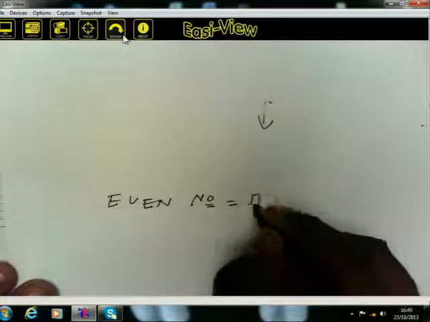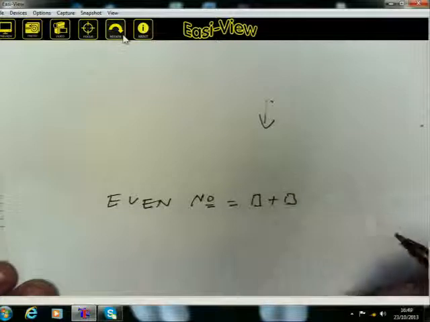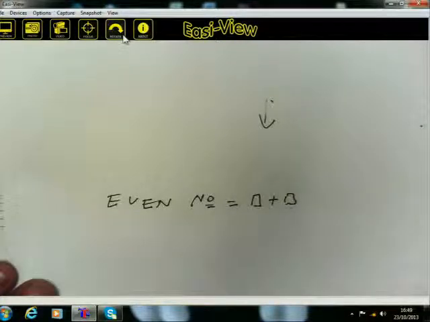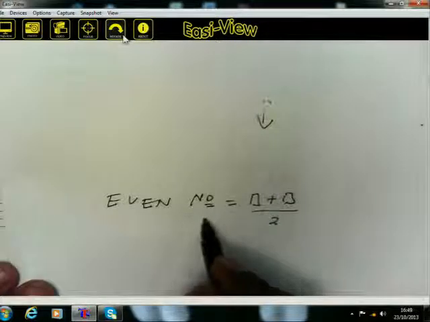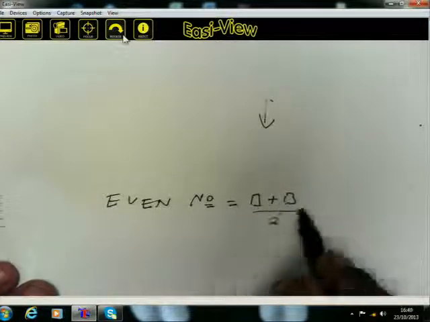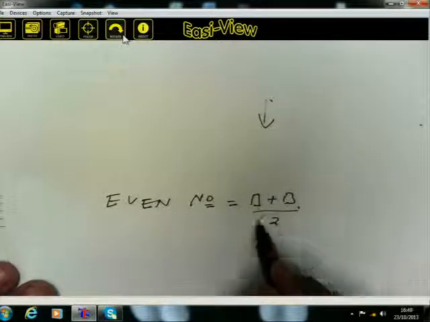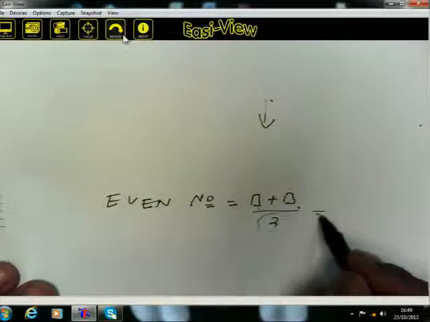You add the two numbers, those two centers, and then you divide by 2. It's simple, you see? If you're having two middles, you add them and you divide by 2. Hey, that is important. And then you get that number.